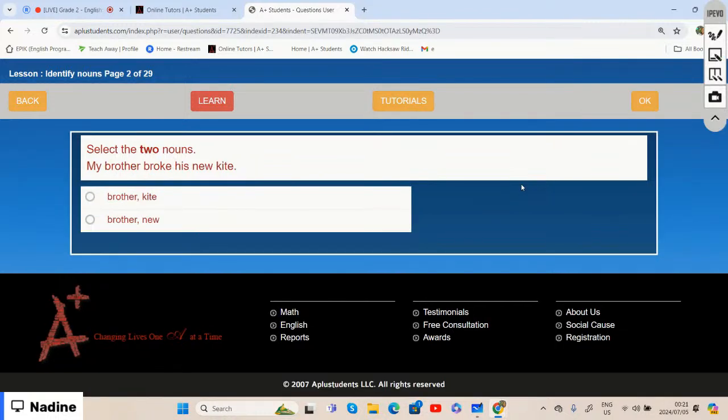We need to select two nouns within the sentence. It says, my brother broke his new kite. My brother broke his new kite.